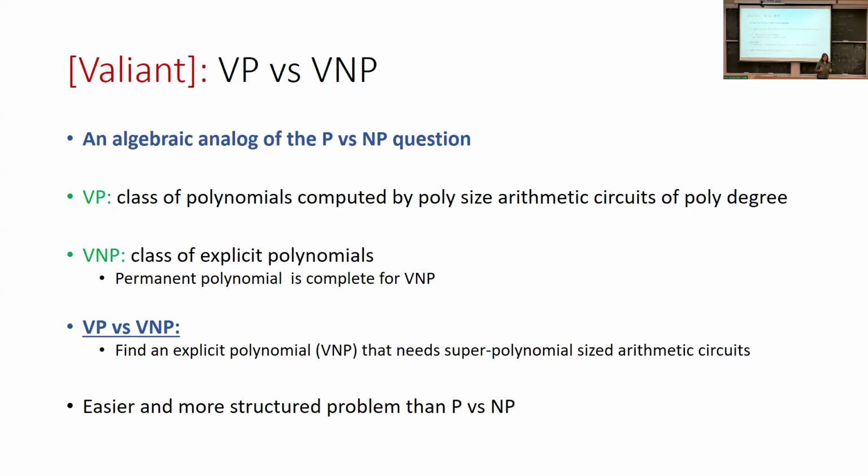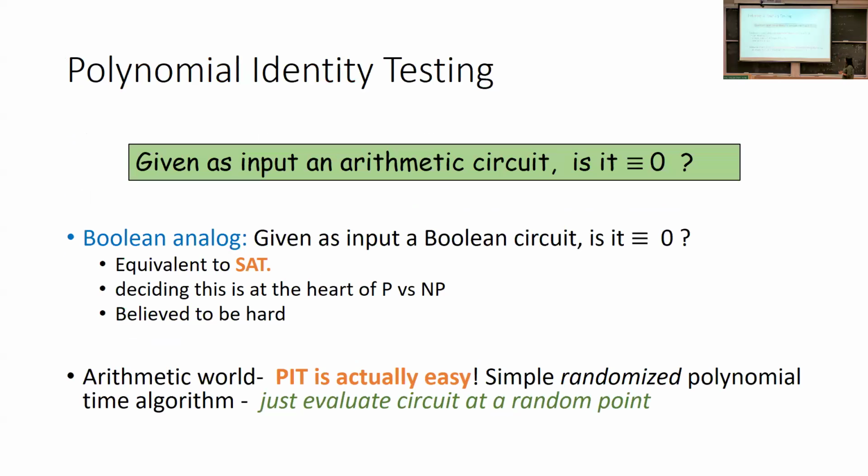To separate P from NP, you need to first show that VP not equal to VNP. There's been a lot of exciting progress in the last 10, 15 years on the problem. So perhaps before we see any resolution of P versus NP, we'll get a resolution of the VP versus VNP conjecture.